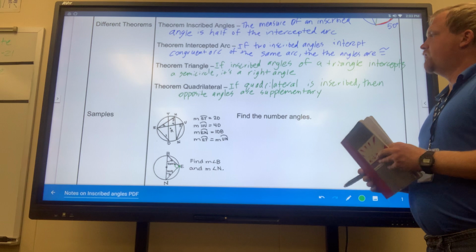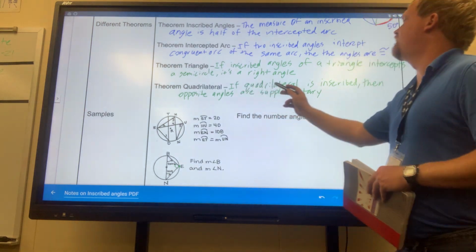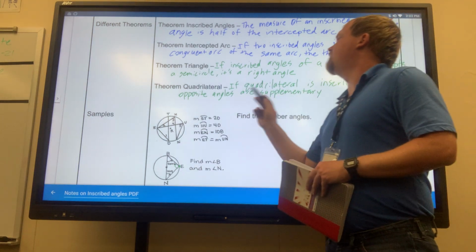Okay? So remember, if a quadrilateral is inscribed, then the opposite angles are supplementary.